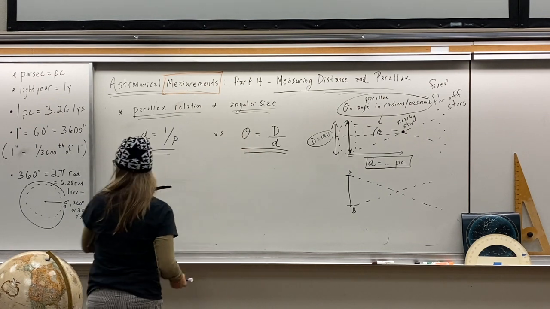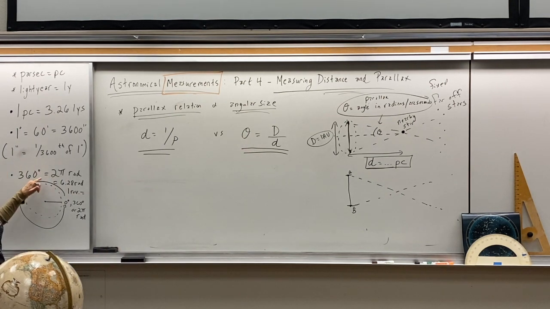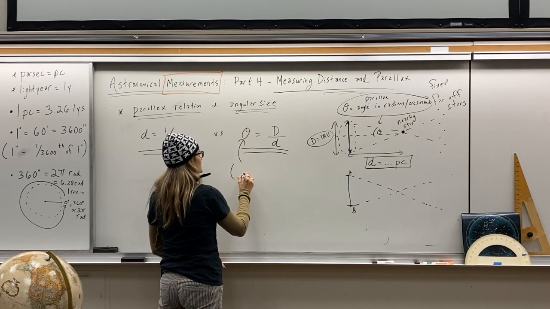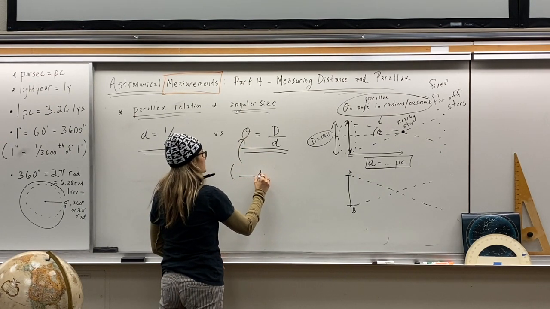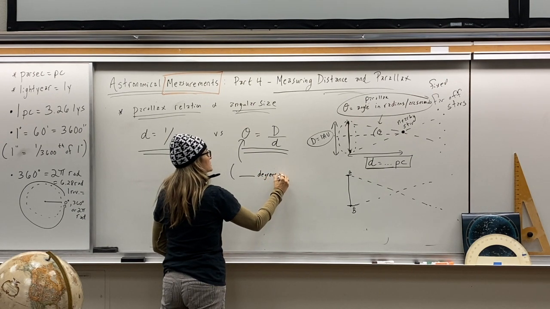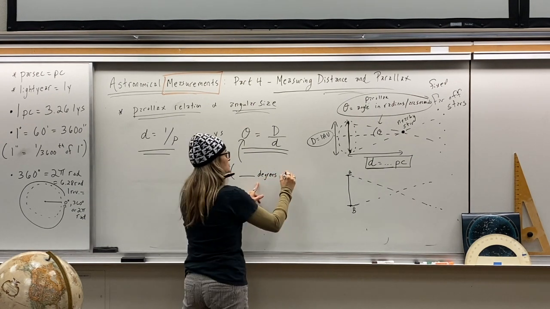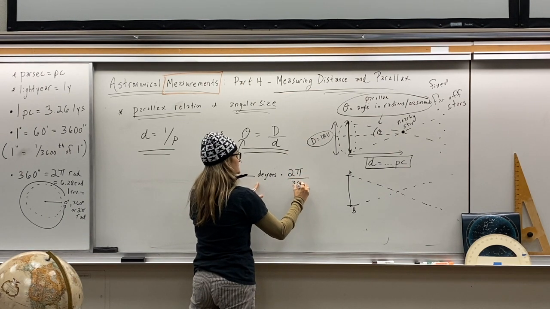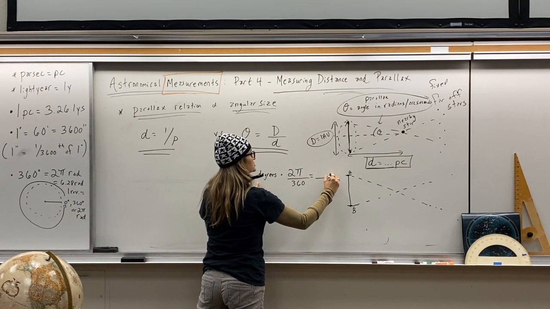The way you change any angle into radians is you take the number of degrees you have, times 2 pi, or 6.28, over 360, to equal your measured radians.